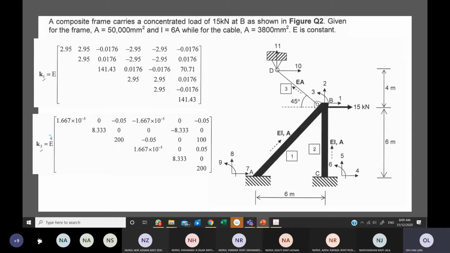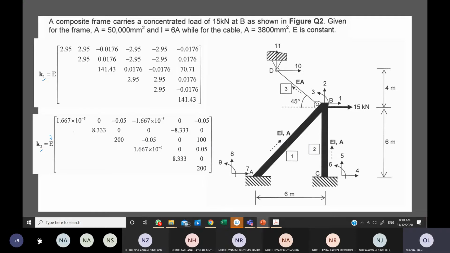So you shall be able to know which template in your appendix to be used, if this is not given to you. But since K1 and K2 have been provided in this problem, we do not need to redo it again.